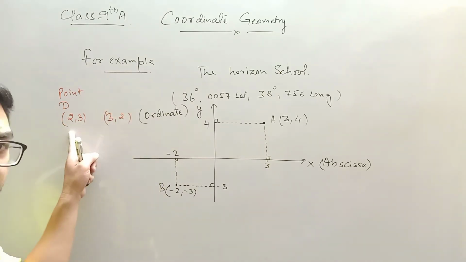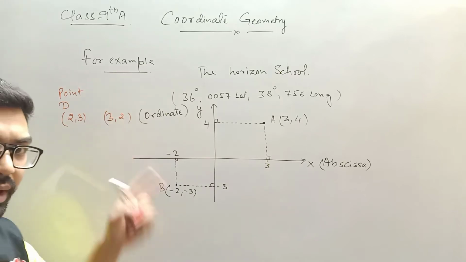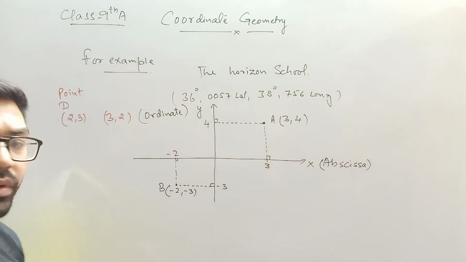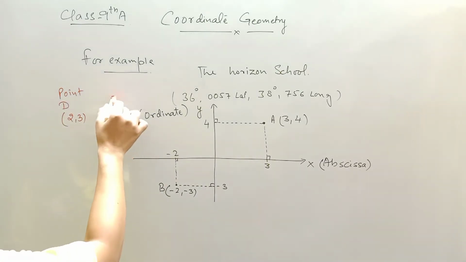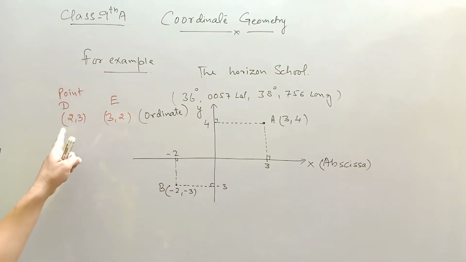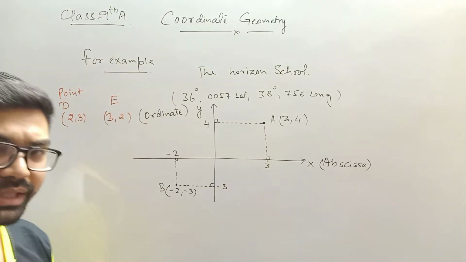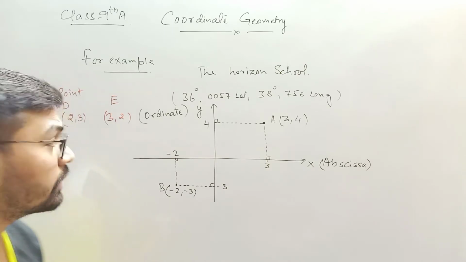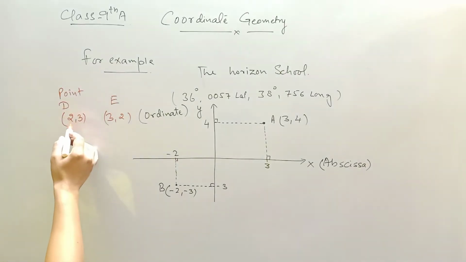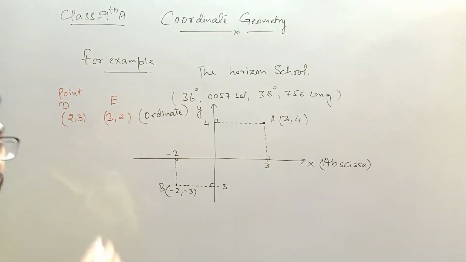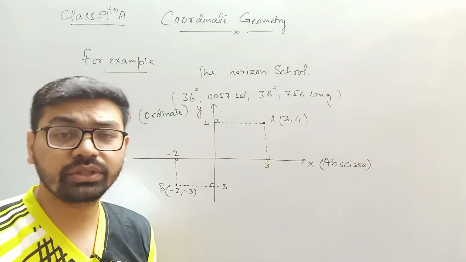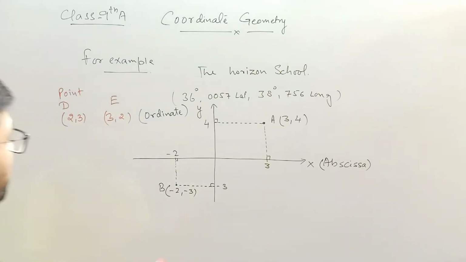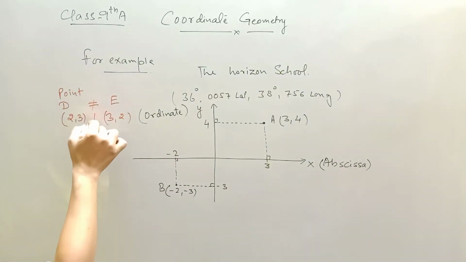So what do you think, are these 2 points the same or different? Let's say I call this point E. So what do you think, are D and E the same point or different points? They are different points. Please remember that if you interchange the position of these coordinates, the point changes, its location changes, right? So D is not equal to E.